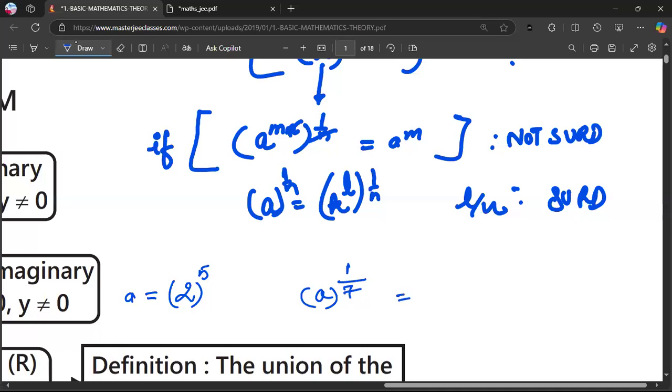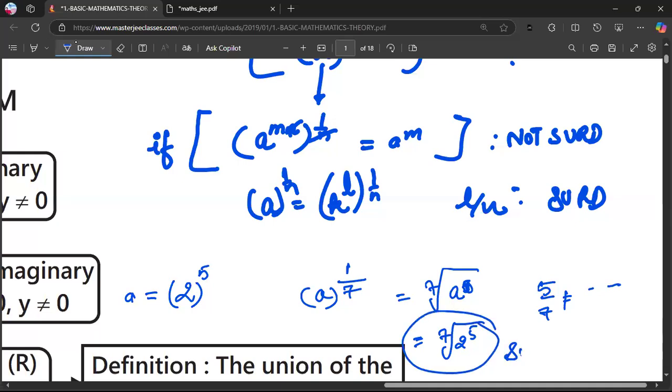So now in this case, if 5 by 7 does not solve to any integer, or 5 is not getting divided by 7 completely, then it will be written in this format, and it will not be solved further. 2 raised to power 5 by 7. So it cannot be solved further, and that's how we call it a surd. So it's a surd. That's it all.